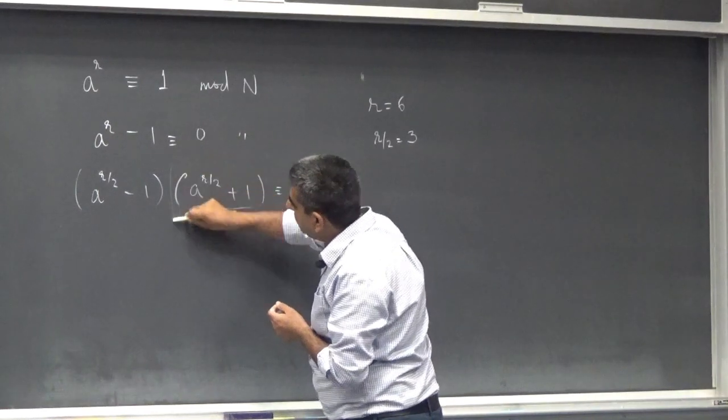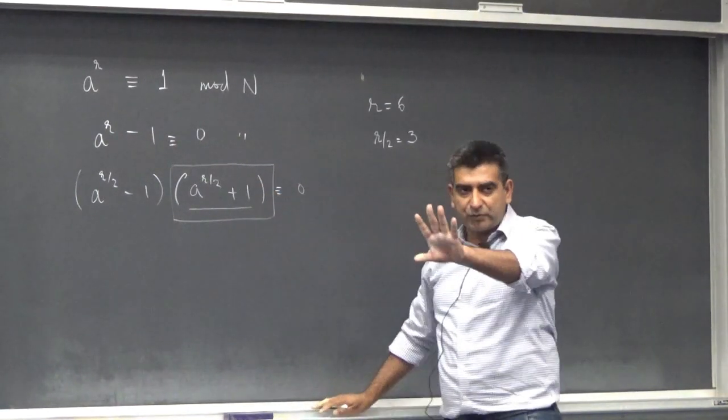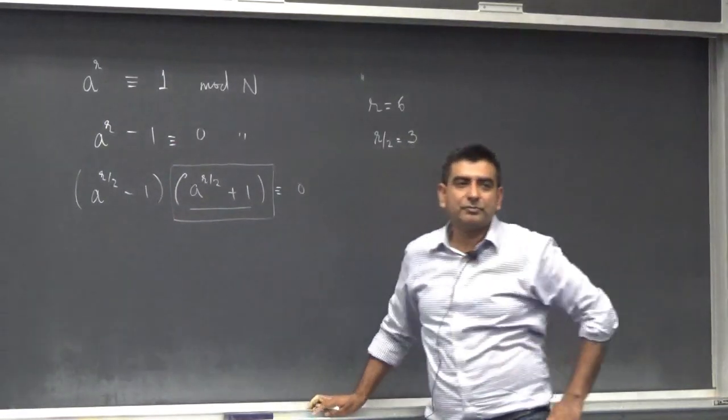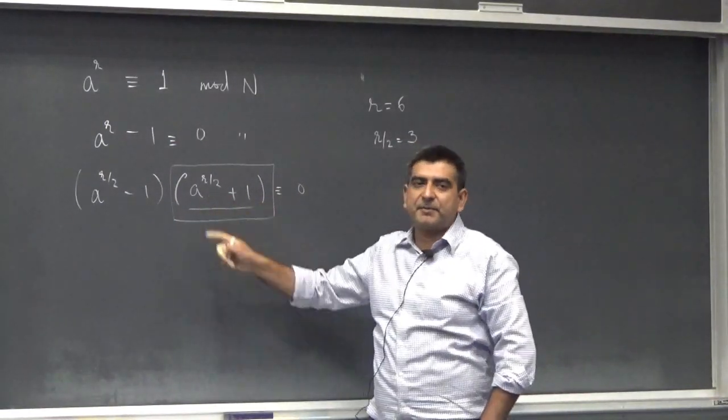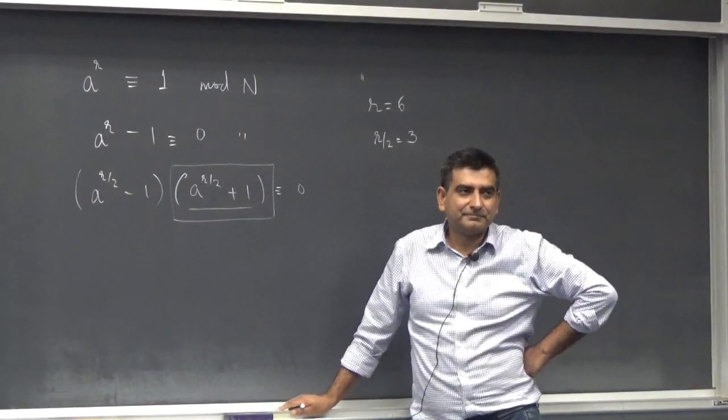I have to satisfy a few conditions. Neither of these numbers is 0, which means that neither of these numbers on its own is a multiple of N, right?